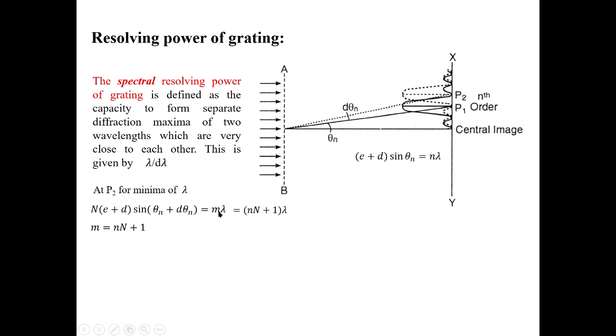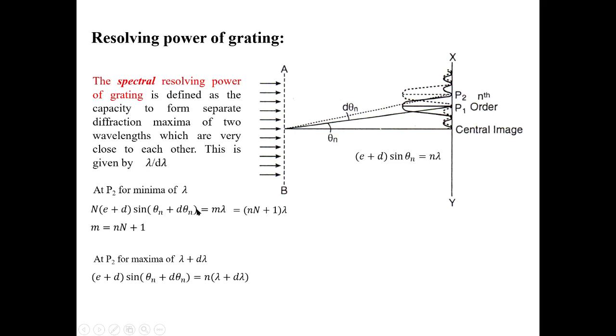This m can be written as small n times capital N plus 1. At point P2, the maxima of lambda plus d lambda is also forming, so the condition of maxima can be written as (e plus d) sine theta plus d theta equals n times lambda plus d lambda. Here this is the wavelength and this is the diffraction angle.